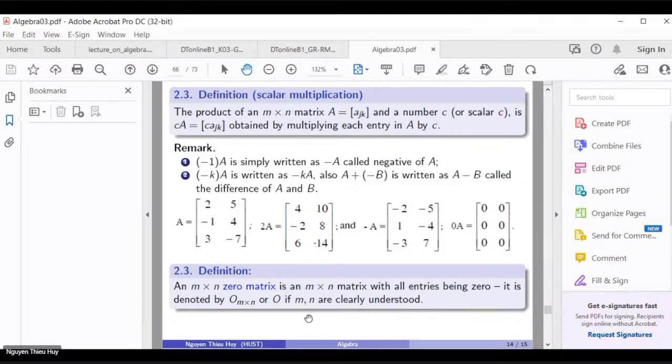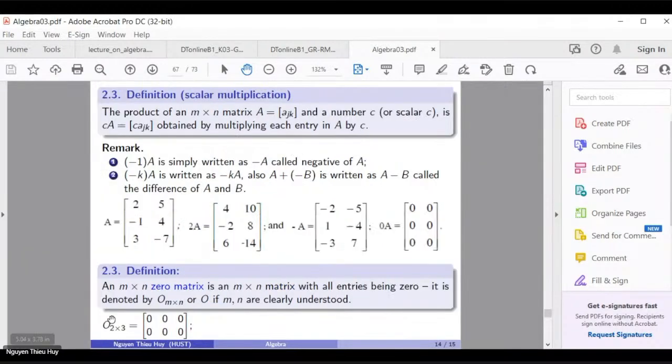Sometimes in some concrete situation we already understand what m and n are, then you can write simply 0 to indicate this is the 0 matrix.